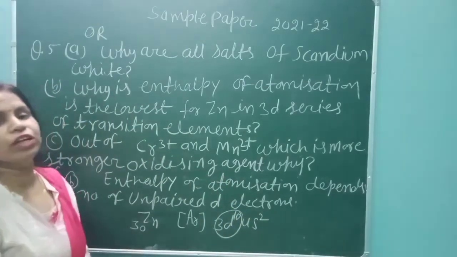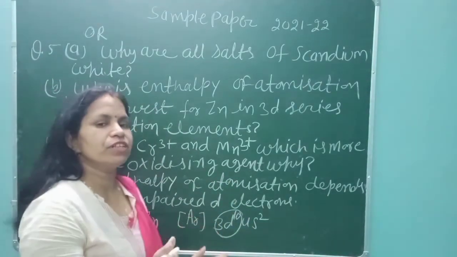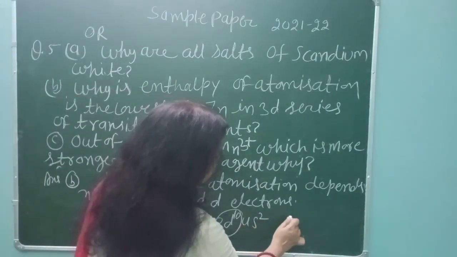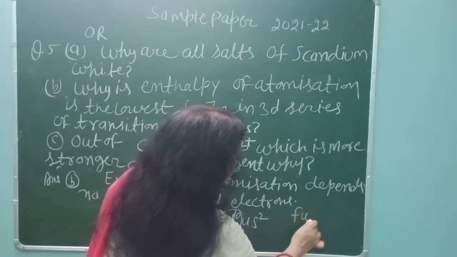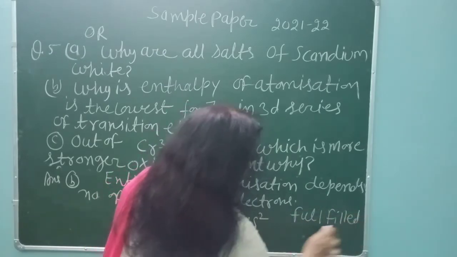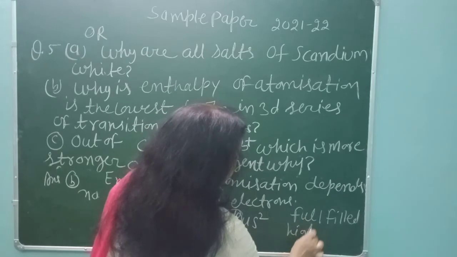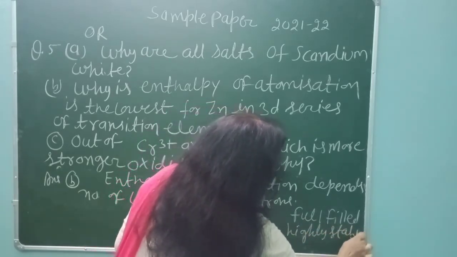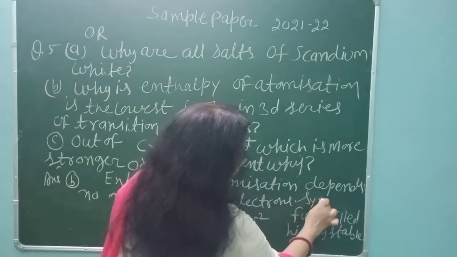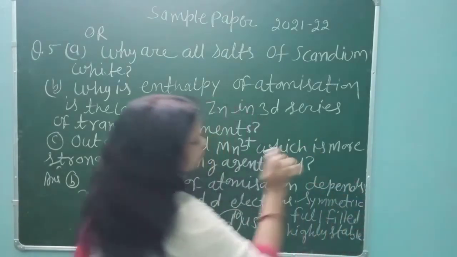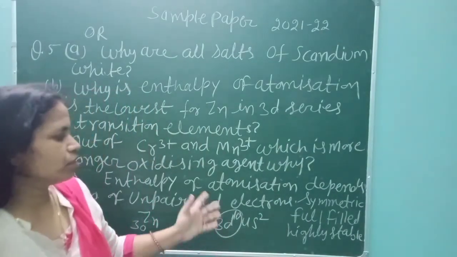You can see again, this is a fully filled orbital. Fully filled and half filled is exceptional behavior. 3d10 is a fully filled orbital, highly stable and symmetric. What is the meaning of symmetry?